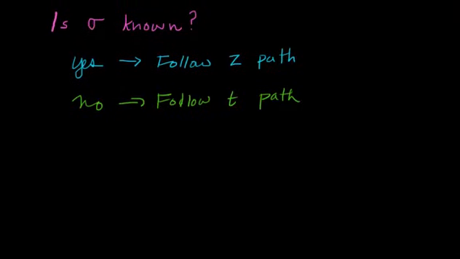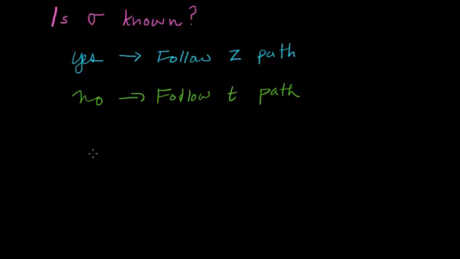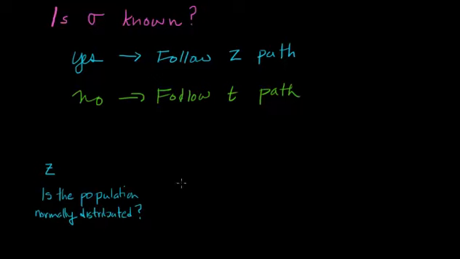Say you do know that you have the population standard deviation sigma. So for z, the next question would be, is the population normally distributed? So read the problem and determine whether or not the population is normally distributed.